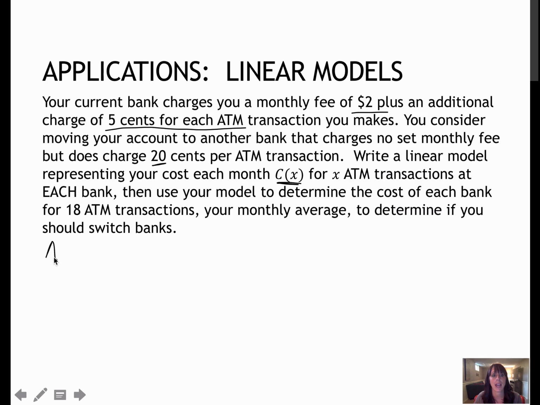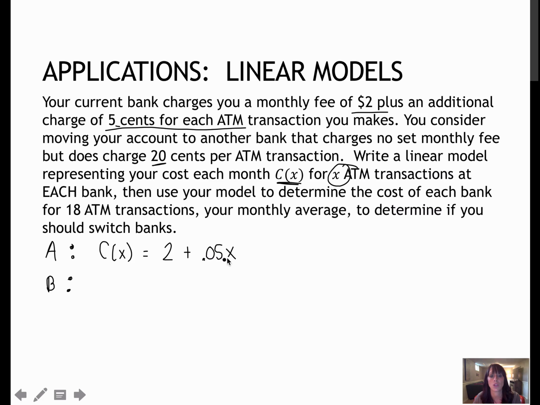So let's start with Bank A. Notice we're going to use the same variables for each. I have a lot of students who try to use A for one variable or one bank and B for the other bank. Don't do that. We're just going to label them as Bank A and Bank B. So for Bank A, my cost would be the $2 plus 5 cents for each ATM transaction, and that is X ATM transactions, so 0.05X.